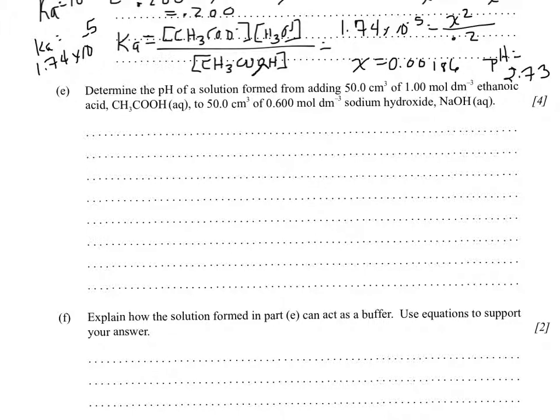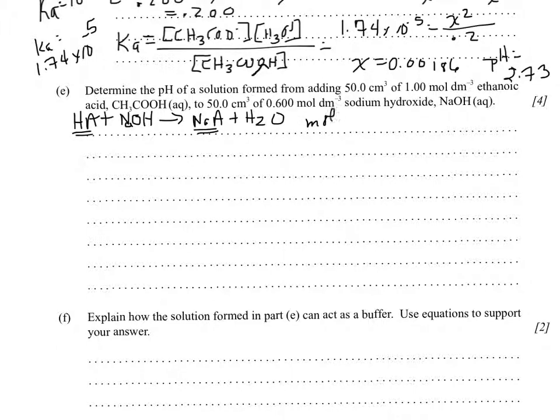So first I need to decide what the concentrations are so I can put them into an ice table. You have the acid plus the sodium hydroxide going to NaA plus water. This is going to be soluble, and I'm going to have some of the acid left.